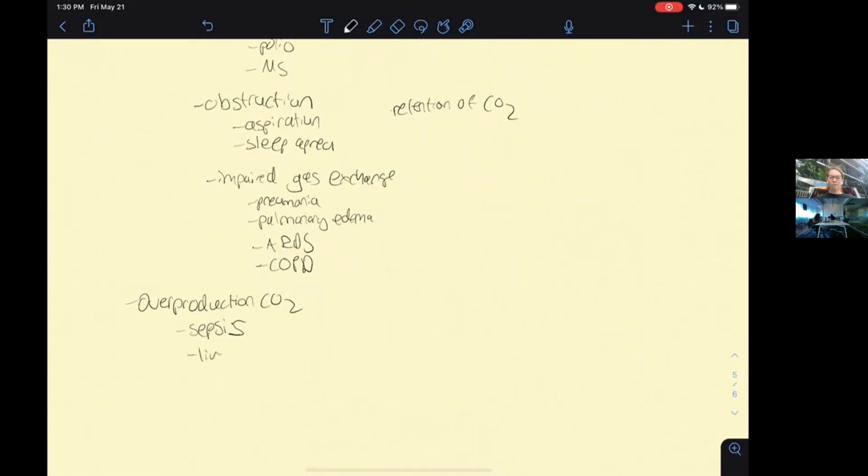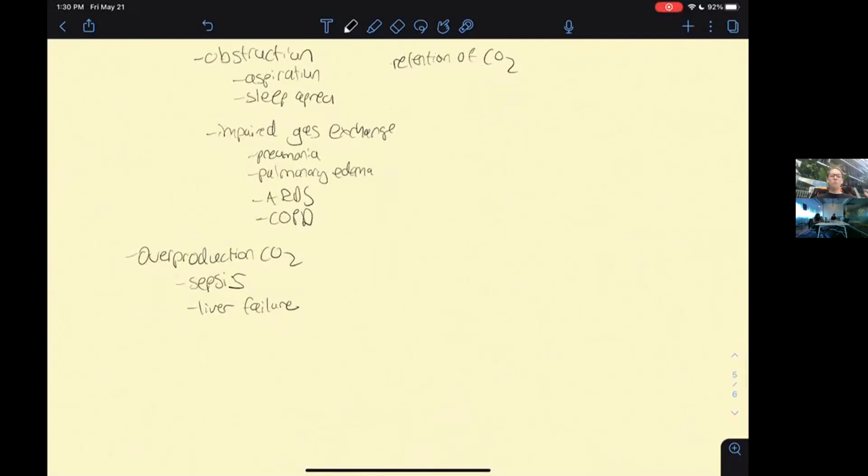Liver failure can also cause overproduction of CO2 in various different ways that I won't go into today because you are not learning about the liver until next semester. Thyroid storm can also cause it, an overproduction of CO2. Again, you'll learn about that. We learned about it this semester.